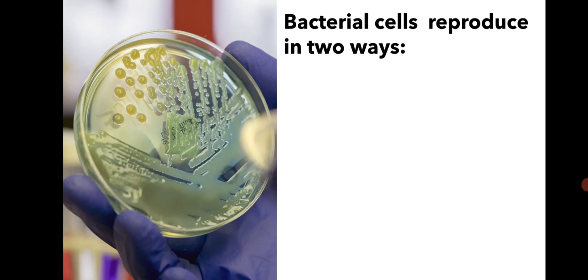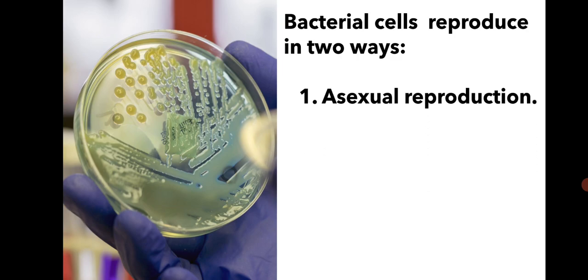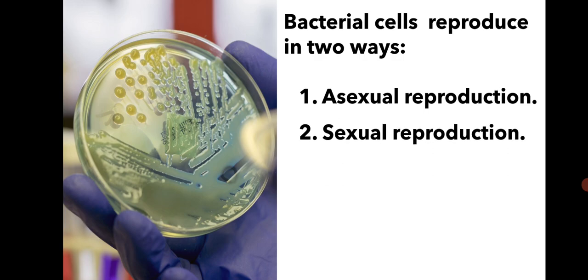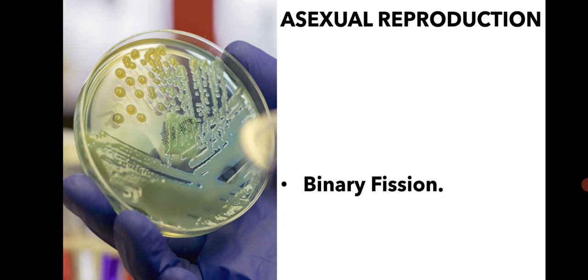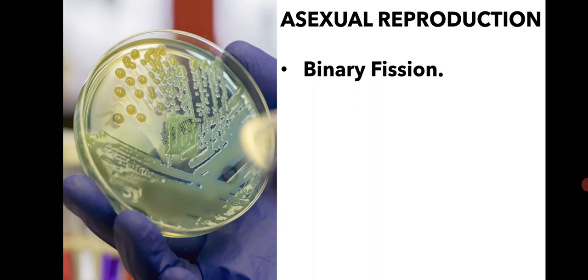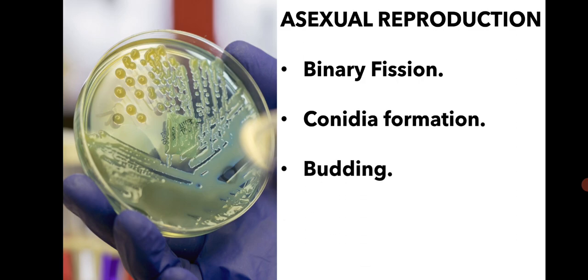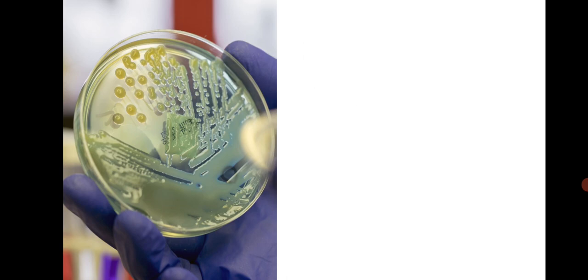Bacterial cells reproduce in two ways: asexual reproduction and sexual reproduction. Asexual reproduction takes place by binary fission, conidia formation, budding, cysts, and endospores.